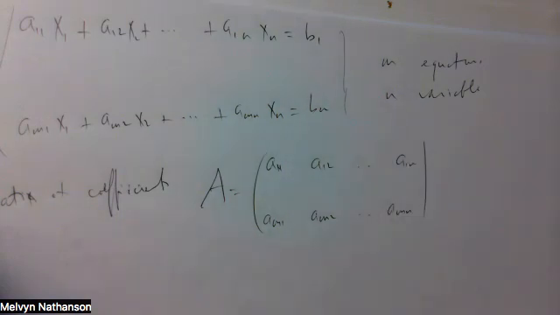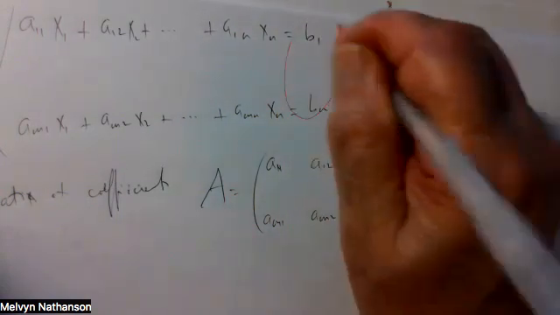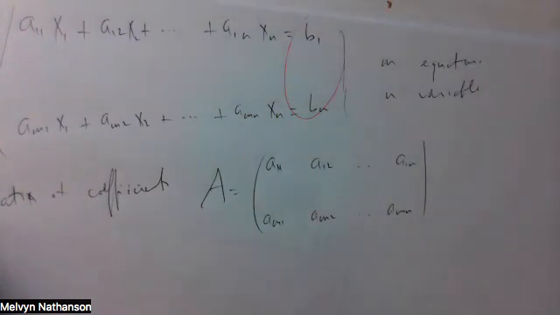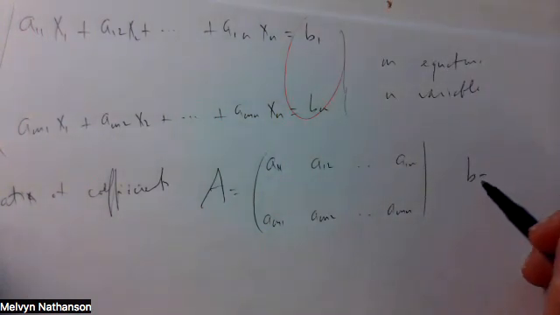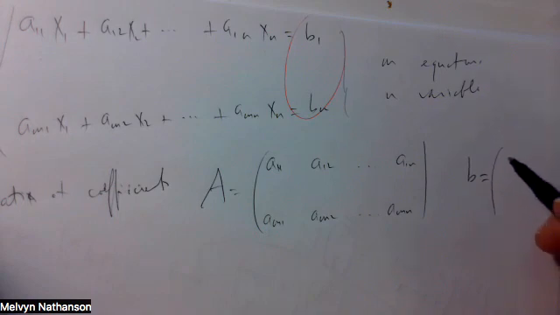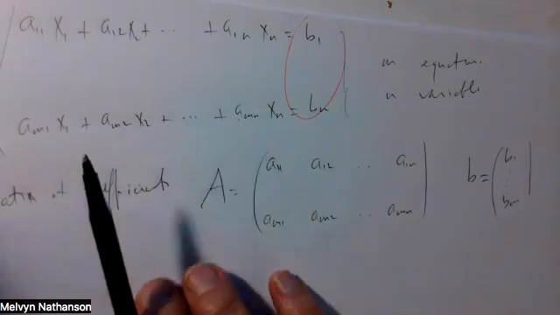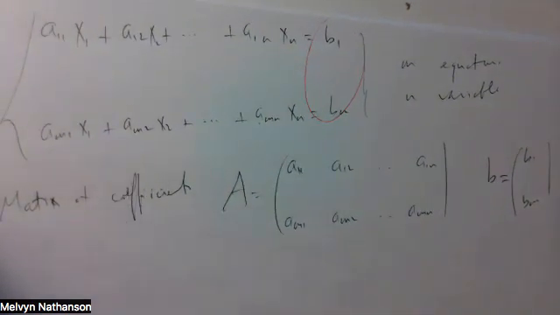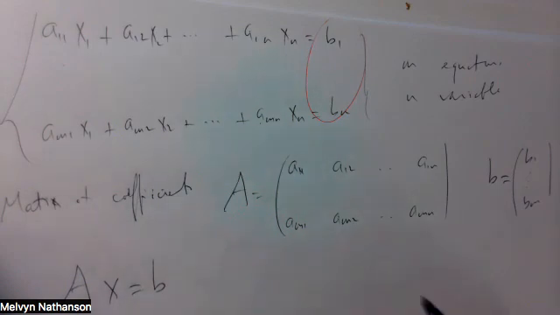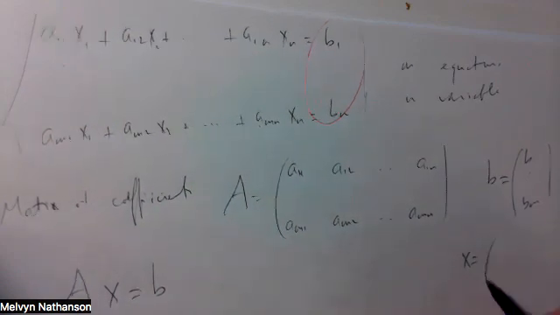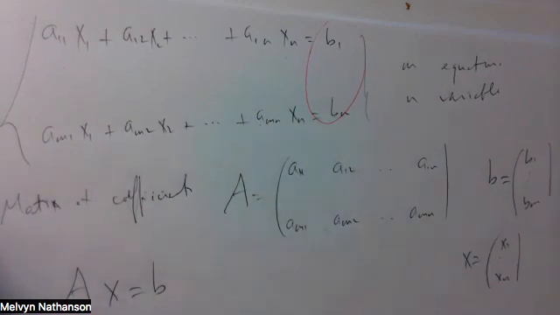And I can also look at the right-hand sides of these equations and write the vector B, a column vector, B1 down to Bm. If I write this in matrix form, this set of equations is equivalent to AX equals B, where X is x1 down to xn, this column vector of the variables.